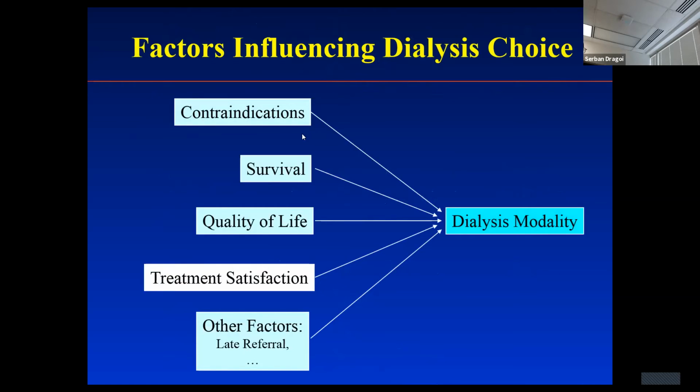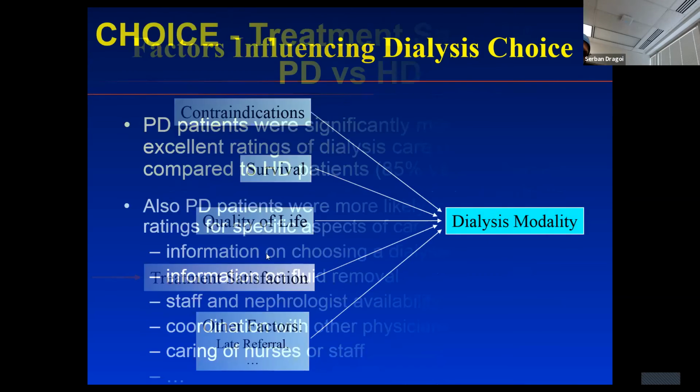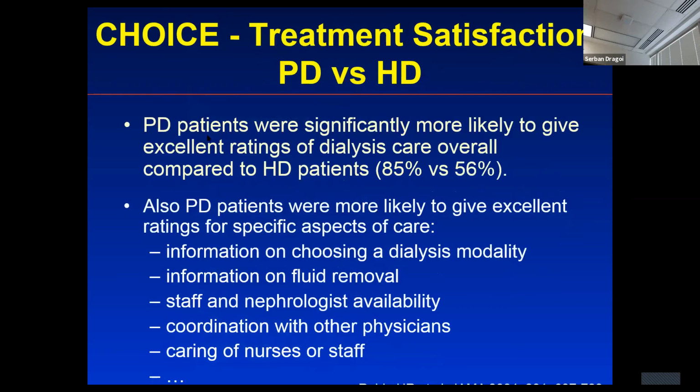Factors influencing dialysis choice also include treatment satisfaction and late referral, etc. For treatment satisfaction, PD patients are more likely to rate their modality as excellent. Also, there are studies with nurses and physicians who say that they would choose that for themselves or for a loved one if they had this problem.